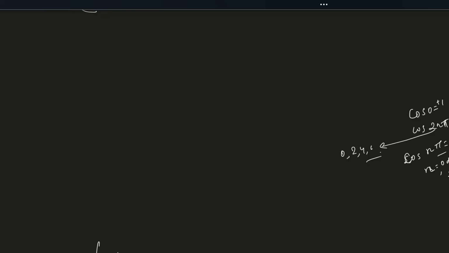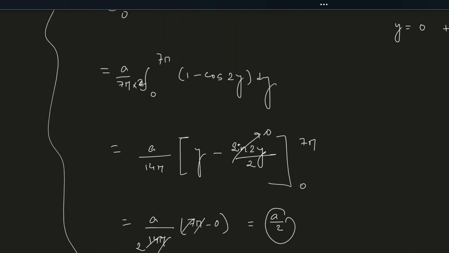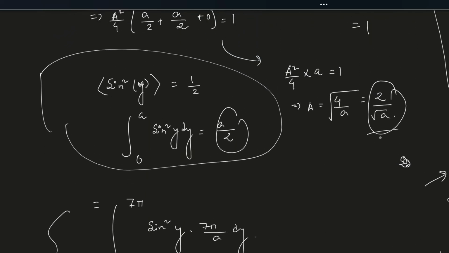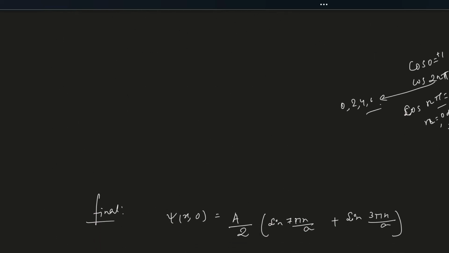we already got from the summation to product rule conversion that it's a by 2 times sine 7 pi x by a plus sine 3 pi x by a. And from our calculation we have gotten that capital A is equal to 2 by root over small a.